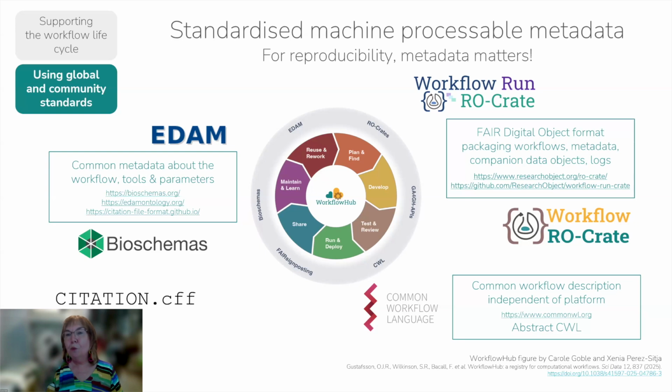And for that, we use a FAIR digital object format called RO-Crate. And we have two significant profiles associated with that. One is a profile for what is all the information you need for a workflow. And the second is a profile for what is all the information you need for the run of a workflow. So the configuration in order to execute it, but also the provenance and logging of the material after you've executed it.